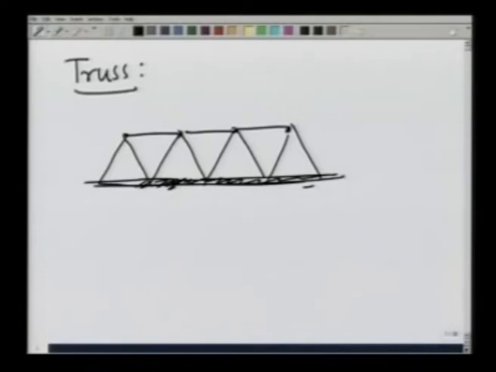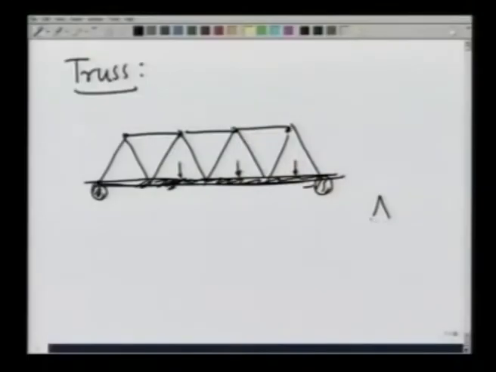This structure helps to distribute whatever load there is on the road and takes it to the sides here. This is known as a truss, and in this lecture we wish to analyze trusses using equilibrium of forces that we have learnt earlier.